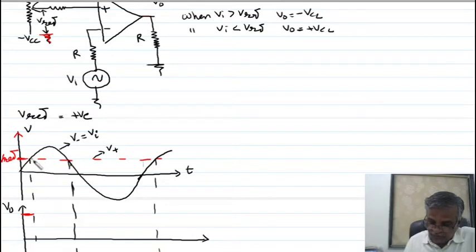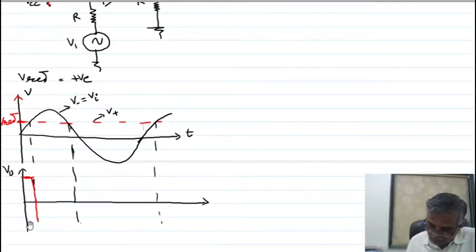Now, during this time, look here, the input signal Vi at this point is more than the reference voltage. So the voltage at the inverting terminal is more than this, so output is negative, so I am showing you negative. This is negative.